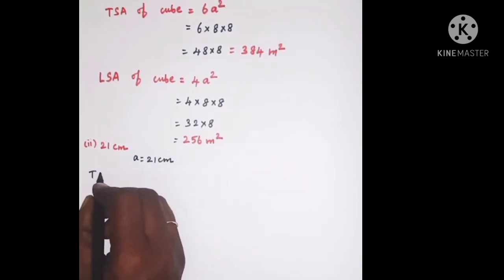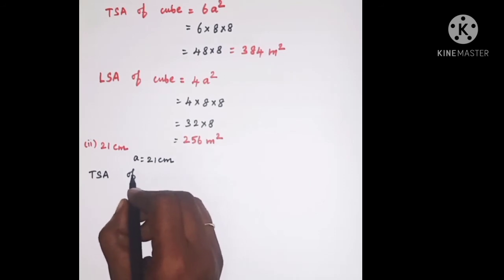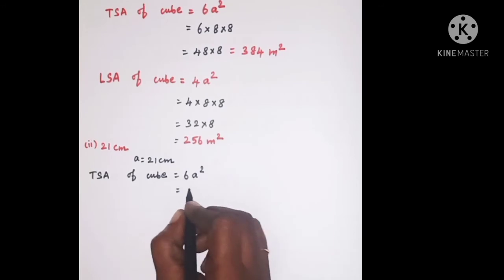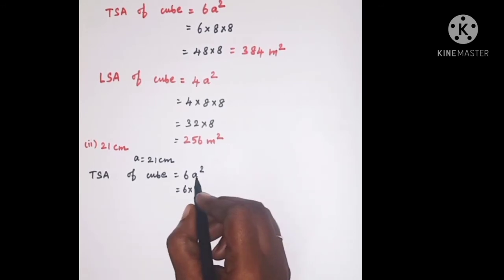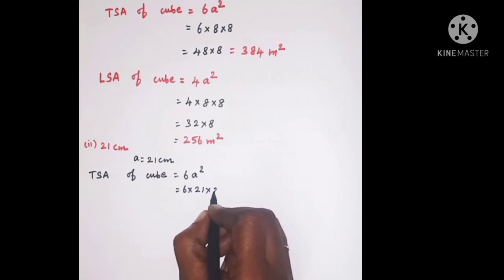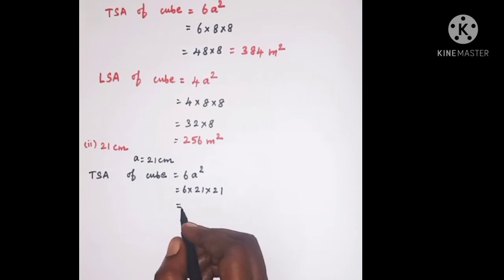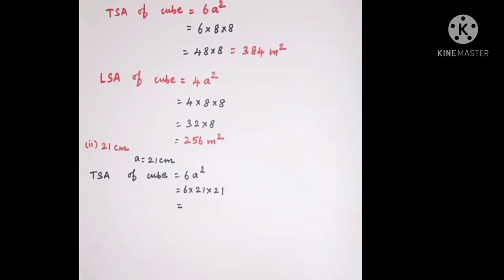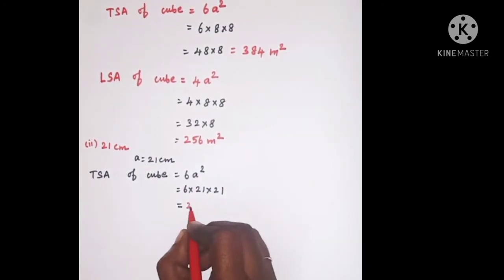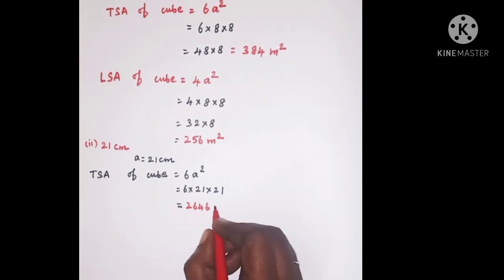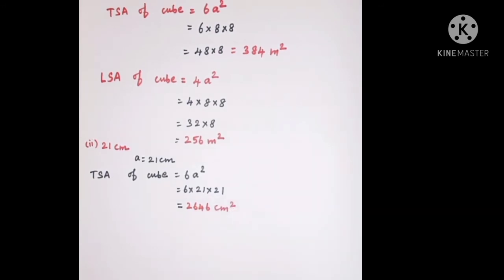The formula is total surface area of cube is equal to 6a square. So, 6 into 21 into 21. Multiply these three numbers, and you will get 2646 centimeter square. This is the total surface area of the cube.